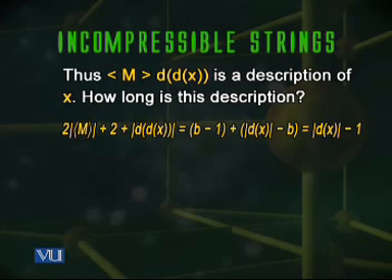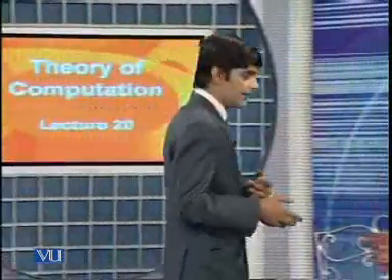If we add this all up, we get that the length of this description is the length of d of x minus 1. But this is a description of x, and it's one bit smaller than d of x. That contradicts the fact that d of x was the shortest description of x.